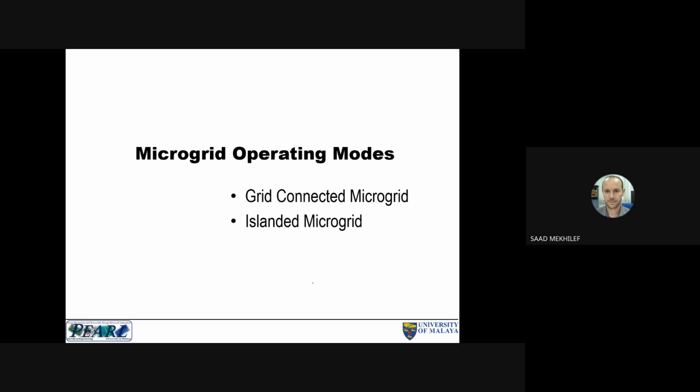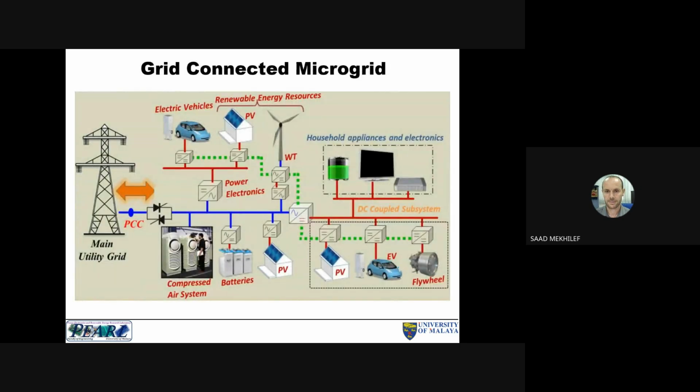It can also help inject the extra power to the grid. Islanded microgrids are usually designed for islands, for remote areas where the grid is not available, or for natural disasters, for example flood or fire, where we need electricity. Most of the time it's an isolated system. So these are the two modes of operation of the microgrid.